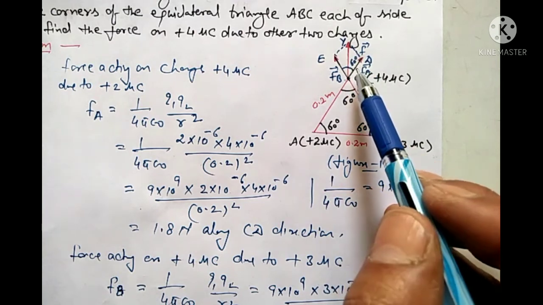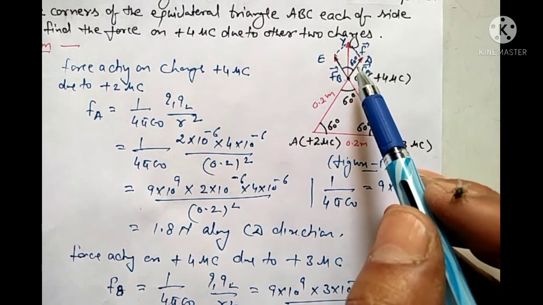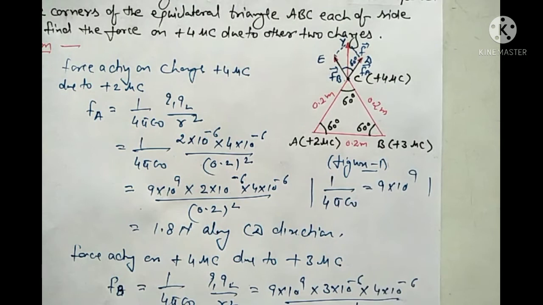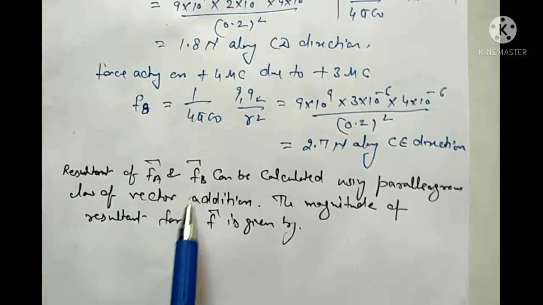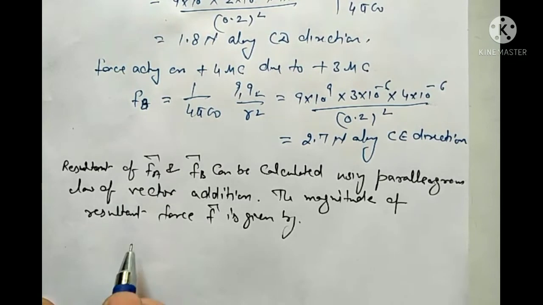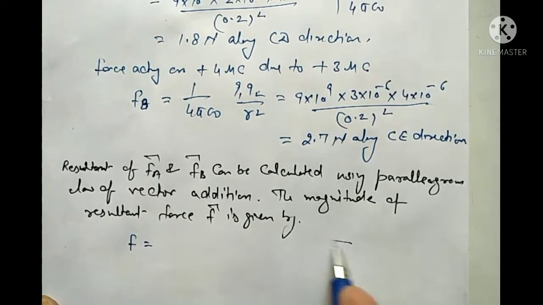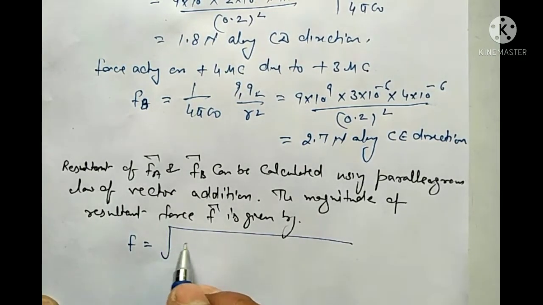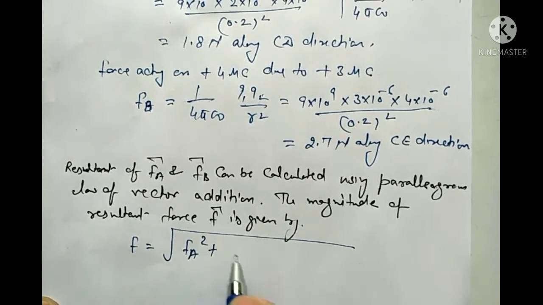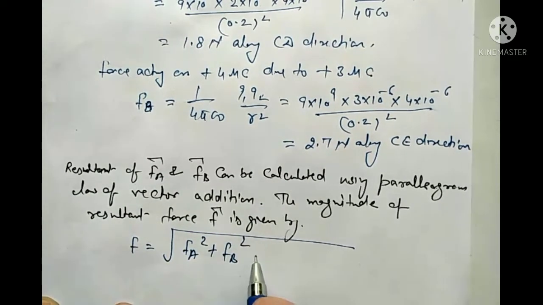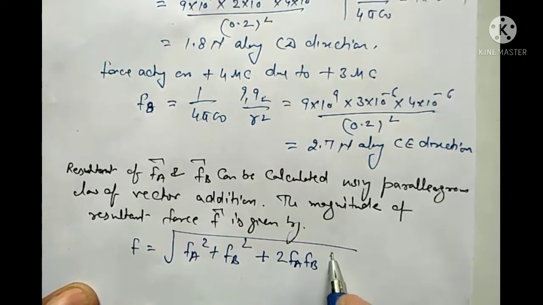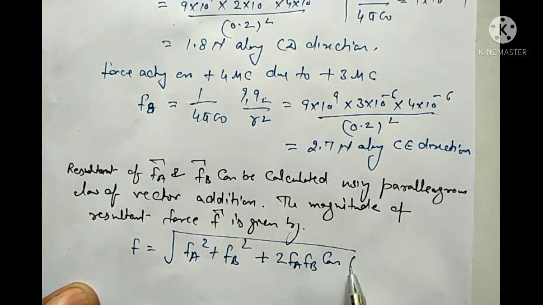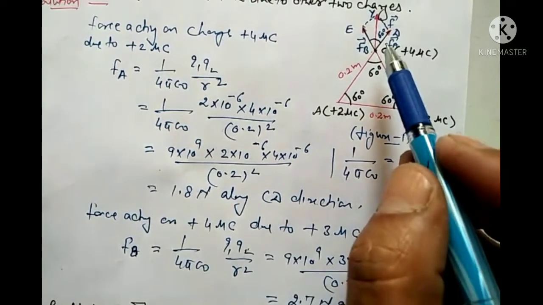So here we can apply the parallelogram law of vector addition to calculate the resultant of forces Fa and Fb. So F is equal to square root of Fa square plus Fb square plus 2 Fa Fb cos theta. Here the angle theta is 60 degrees.